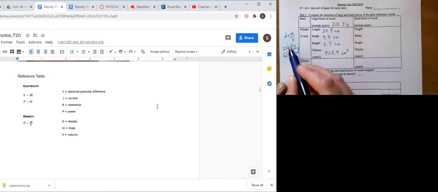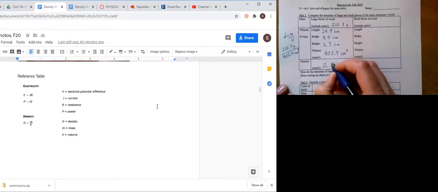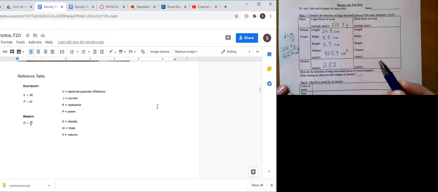Now take the mass divided by the volume and you'll have your answer for density, which happens to be 0.52. Now, what unit again? Well, grams are on top, cubic centimeters are on bottom. They don't cancel, so it's grams per cubic centimeter.